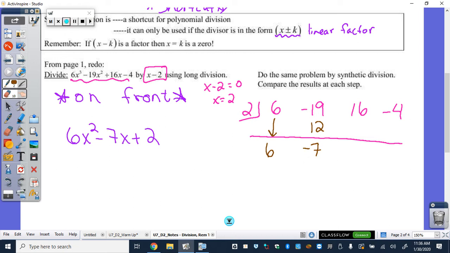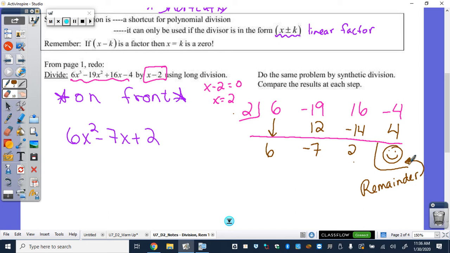So now negative 7 times my 2 gives me a negative 14. Add 16 plus negative 14 gives me a 2. And repeat again. So 2 times 2 gives me a 4. Negative 4 plus 4 gives me a 0. So I put a smiley face. This last one is your remainder. The last number is always your remainder.